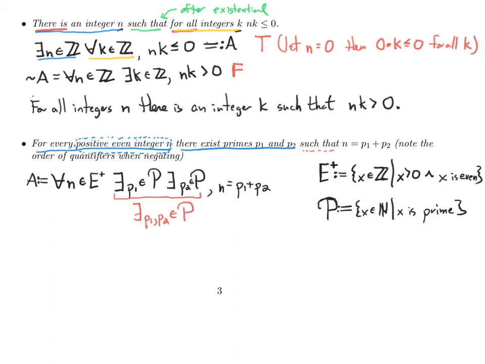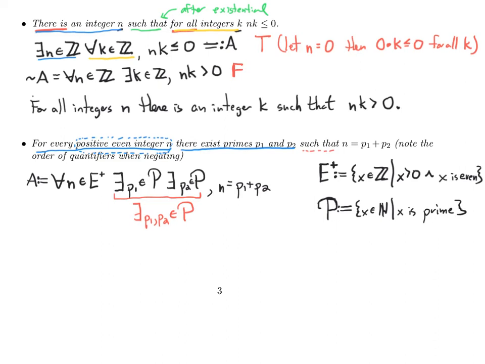You might see that notation as well, combining those two variables into the same quantifier. Okay, so we have our quantified statement. For all even integers n, there exist a p1 and a p2 that are primes, such that n can be written as the sum of two primes.